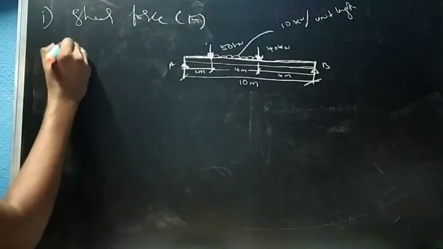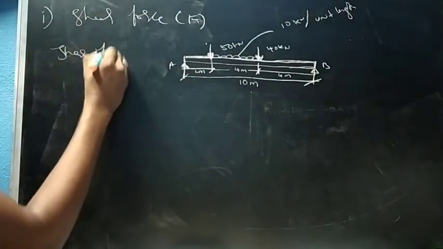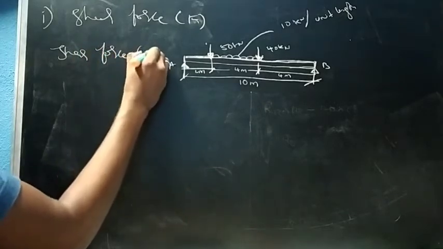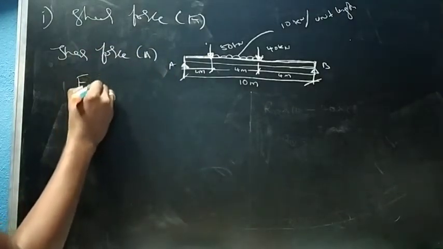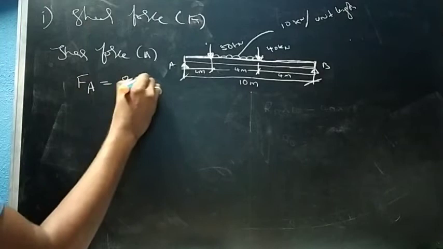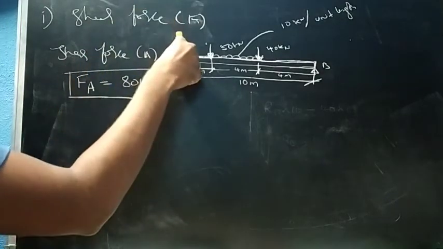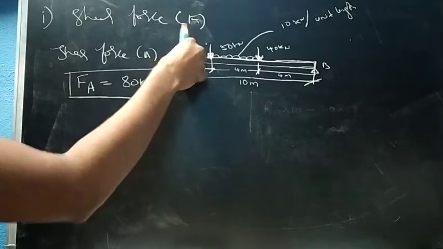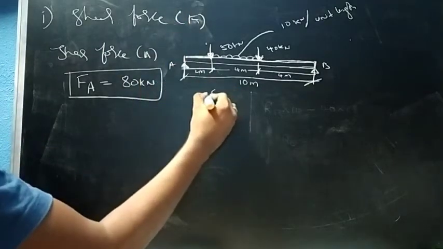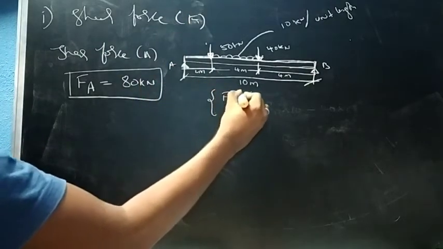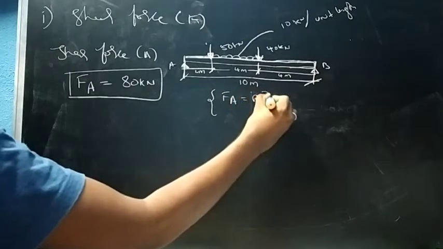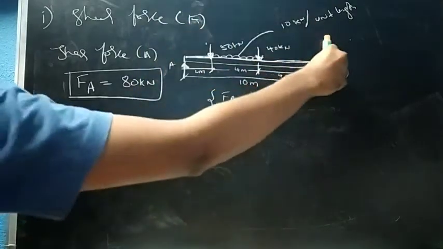So shear force at A, that is FA equals to 80 kilonewton. Because the shear force at A will be the actual reaction, I will write here FA equals to RA. Okay, I'm coming from left to right.